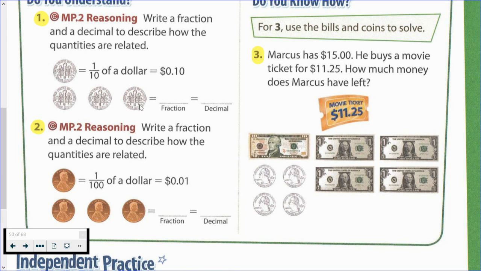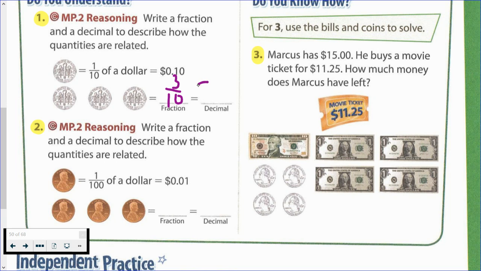So if we have 3 dimes and we're being asked to write that as a fraction, remember, your denominator is 10 because it takes 10 dimes to make a whole dollar. And we have 3 dimes, so that would be 3/10. Here's what 3 dimes or 3/10 looks like as a decimal.